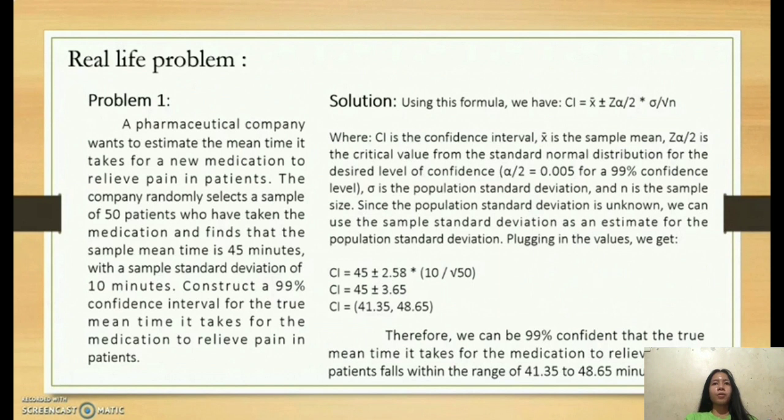Using this formula, we have CI equals x̄ plus or minus Zα/2 times σ divided by the square root of n.